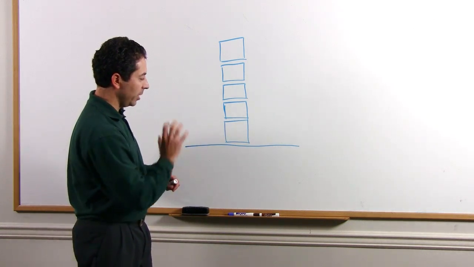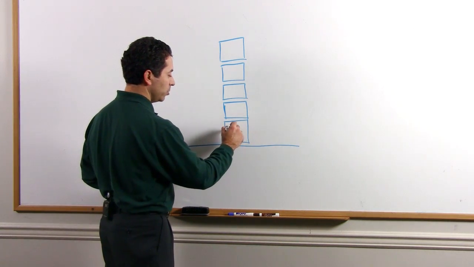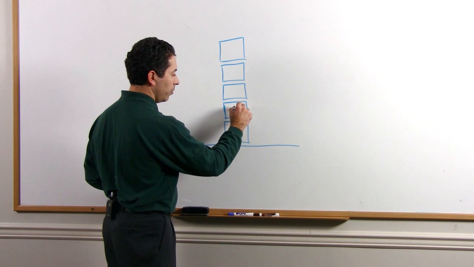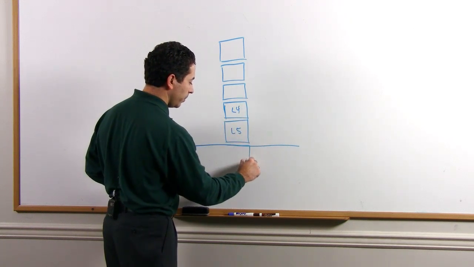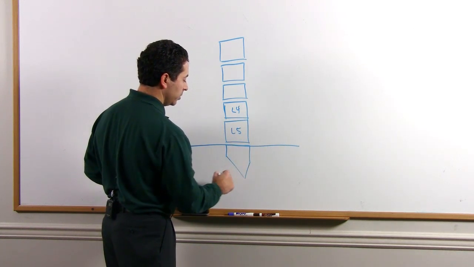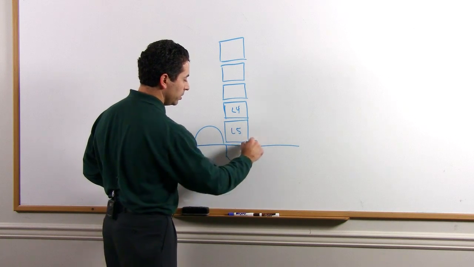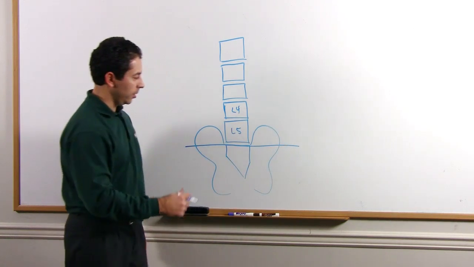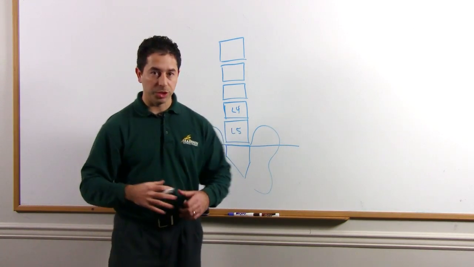So if this were your spine and you were looking at somebody head on, and this were L5, L4, you'd have your tailbone right here, kind of looks like this, your pelvis comes around, and this would be looking at somebody from this shot.